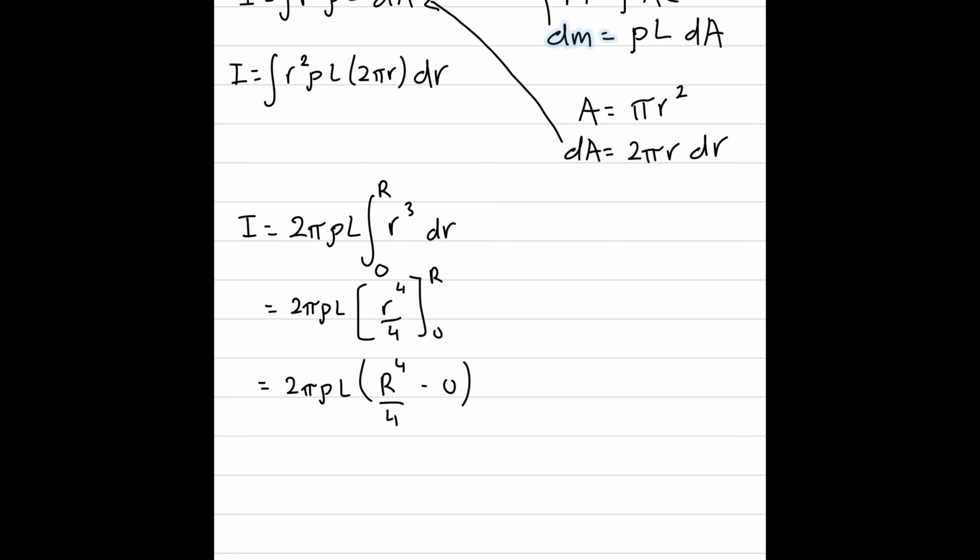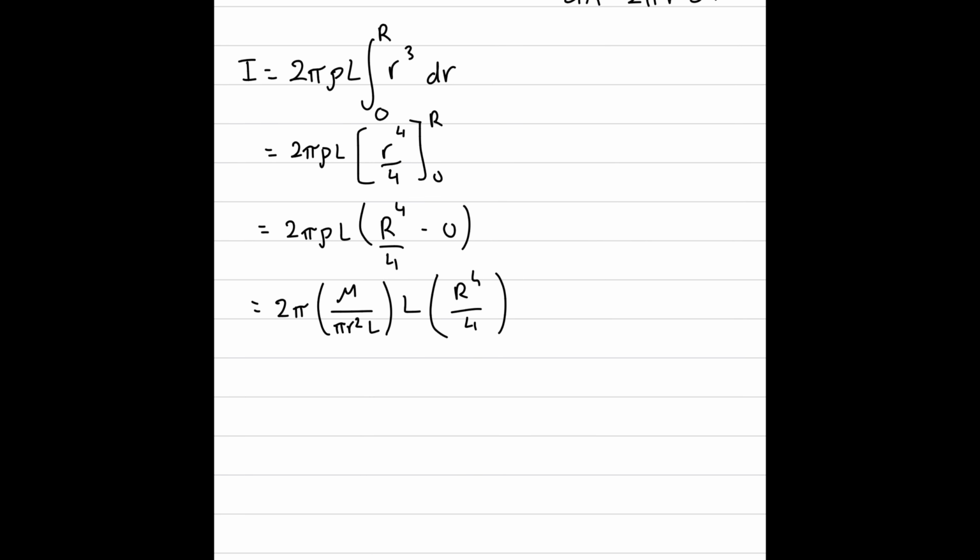Then I'll expand rho into mass over volume. The volume of a solid cylinder is just the area of a circle times the length, so pi R squared times the length L, then R to the 4th over 4.